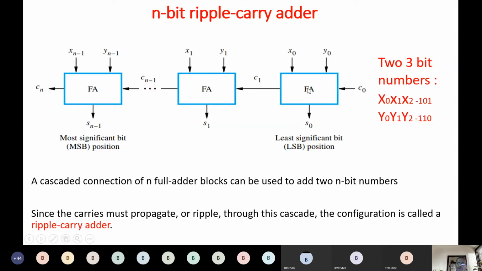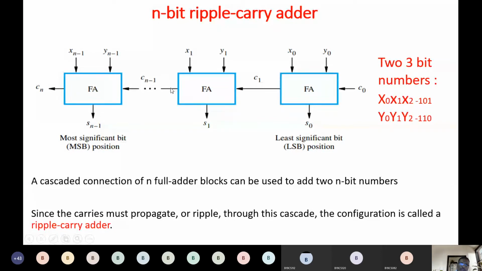When we add these 2 bits, if there is any carry-out, something like a 1, it goes as an input to the second full adder, and that carry-in will be added to these 2. So this is the carry-in into this full adder, which adds along with X0 and Y0, and it comes out as a carry out, and the same carry out becomes carry in for the next full adder.